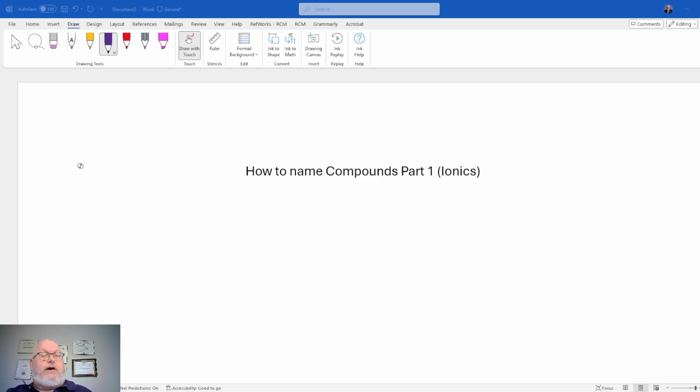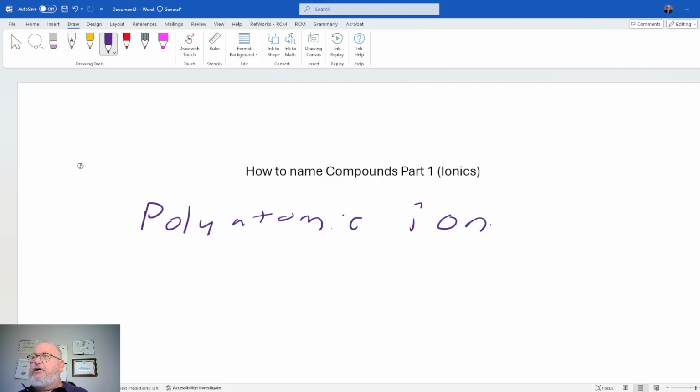If it's got a polyatomic ion, it's ionic. Write that down. Polyatomic ion. And of course, you're just going to have to memorize those.